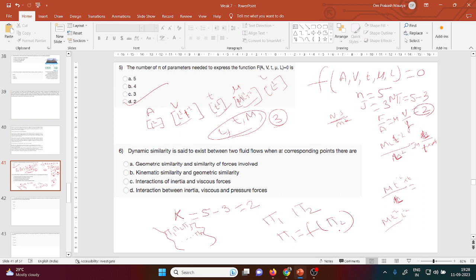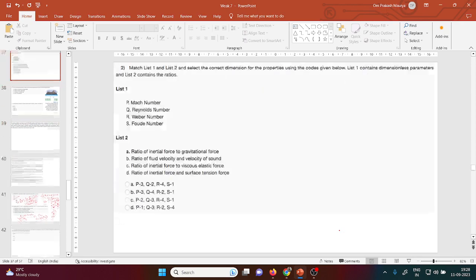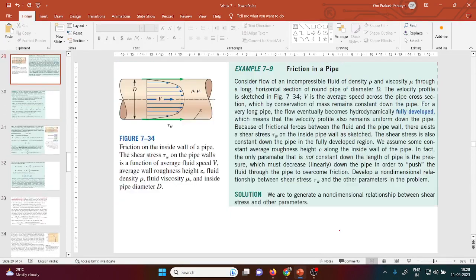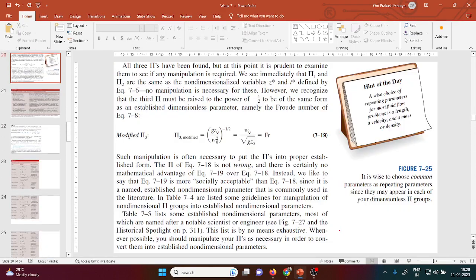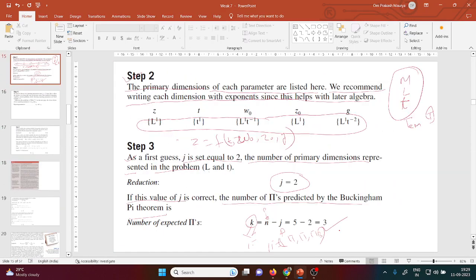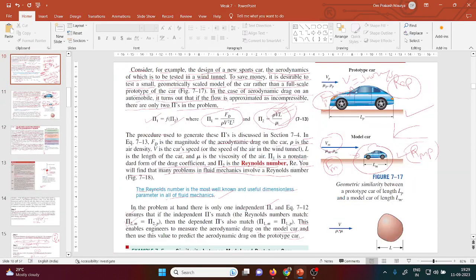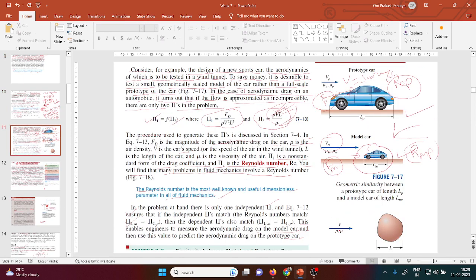Right, you are getting it? Yes, sir. We have seen it in the previous one also. For this example, let me go up. You will feel some confidence regarding that. Let me show. Yes, this question you have seen. In this question, we have only 2 pi, right?